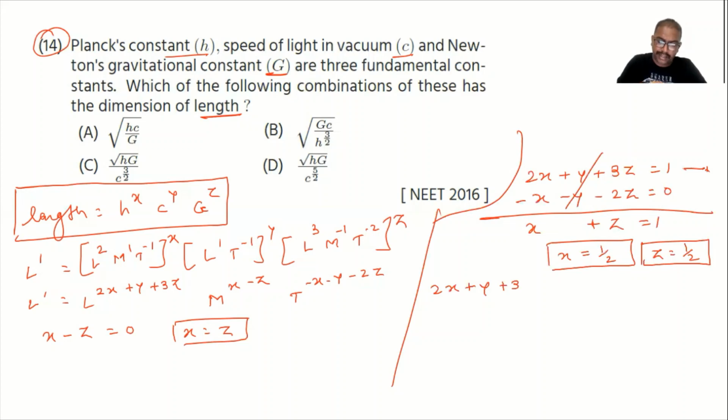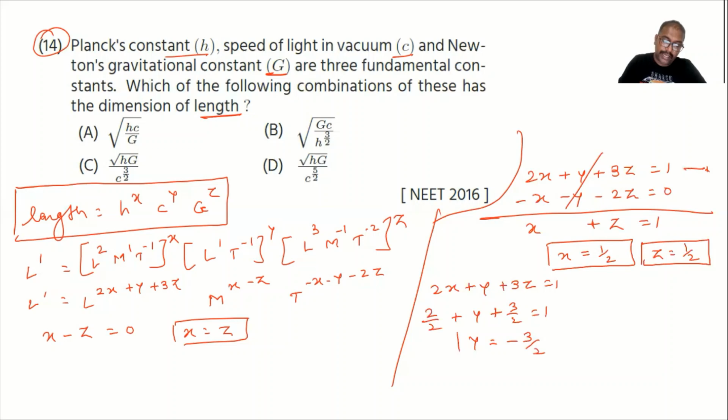So 2 into 1 by 2 plus Y plus 3 into 1 by 2 is equal to 1. So Y is equal to, shifting the 1 to that side, minus 3 by 2.